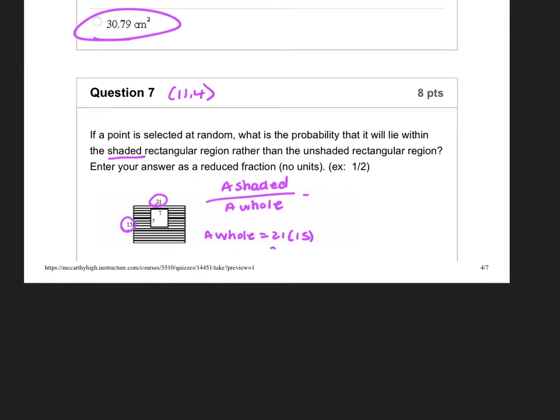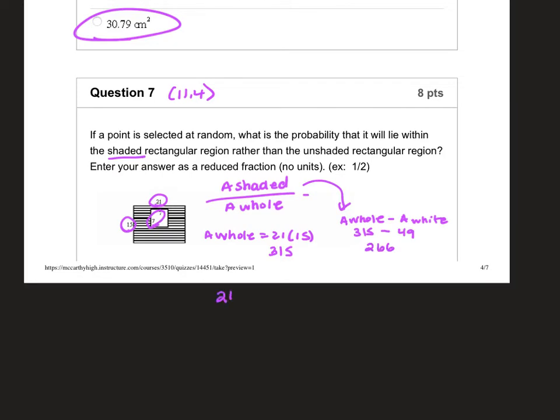Which is 315. And then we have to find the area of the shaded. So in order to get the shaded, we have to find the area of the whole and subtract from it the area of the white rectangle, the smaller one. So we just said the whole is 315. The small one would be 7 times 7, or 49. 315 minus 49 is 266.